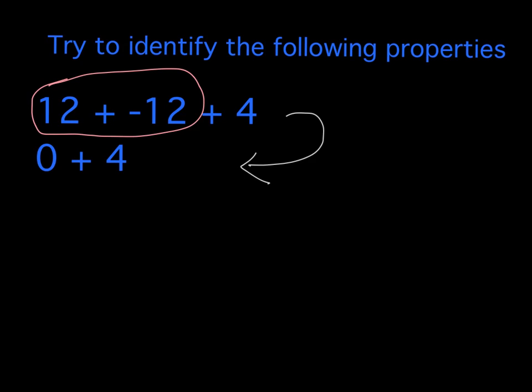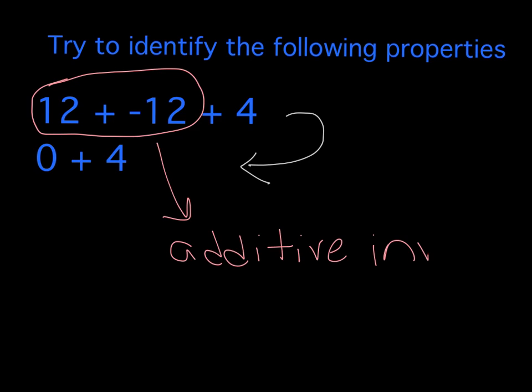And we remember that 12 plus negative 12 is going to be the additive inverse property because we're adding 12 and its opposite. And when we add a number and its opposite, we end up with the additive identity element of 0. So in order to go from 12 plus negative 12 plus 4, we used the additive inverse property to get the additive identity element of 0.